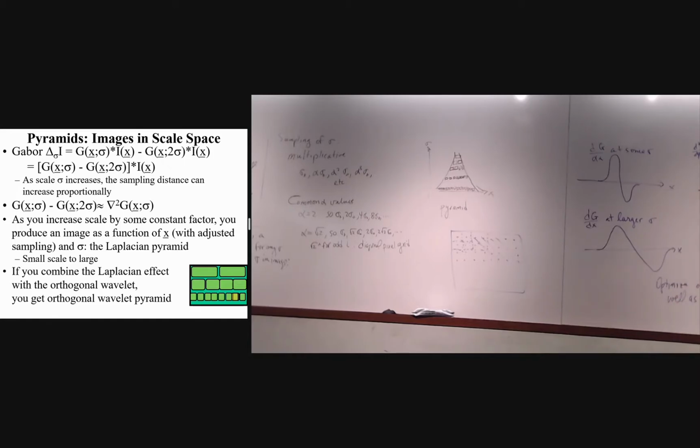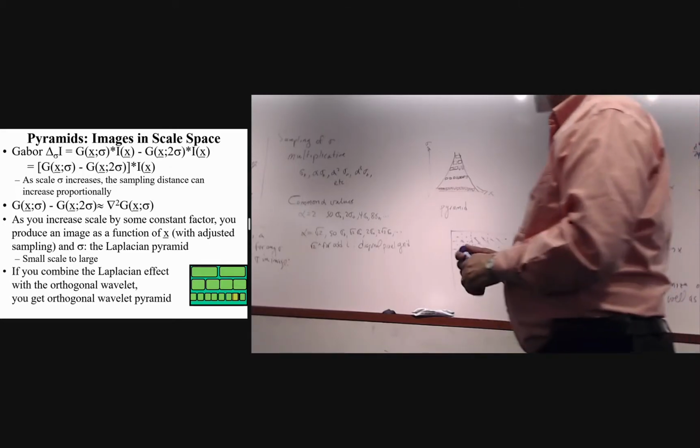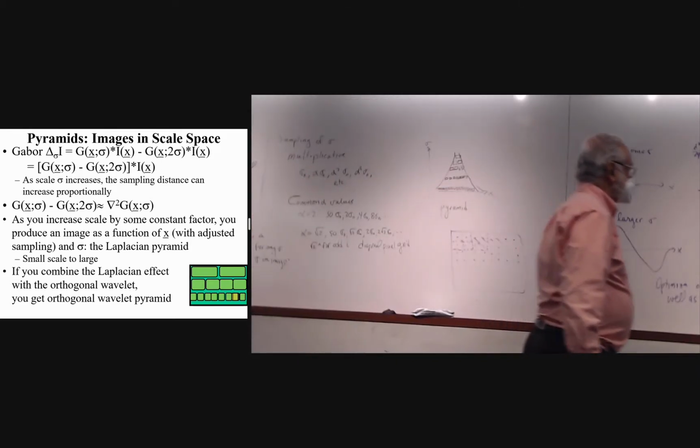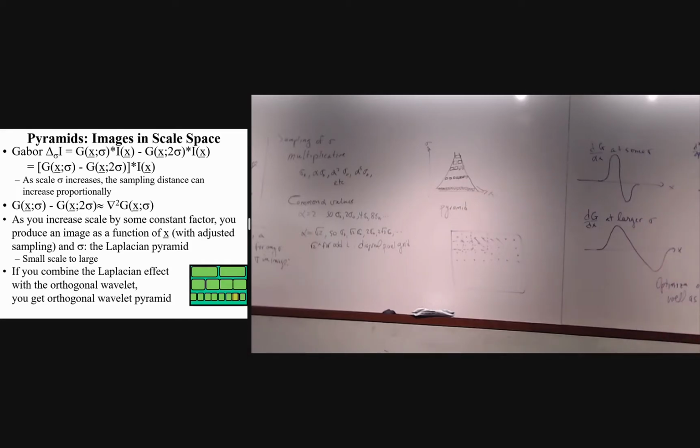Beyond the scope of this course to go into that. Okay, enough about sigma sampling. Whatever sampling we have, I'm going to use 2 as my example. This alpha equals 2, the factor by which we change sigma.